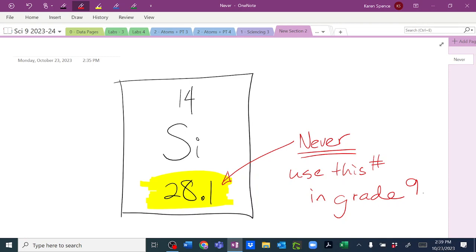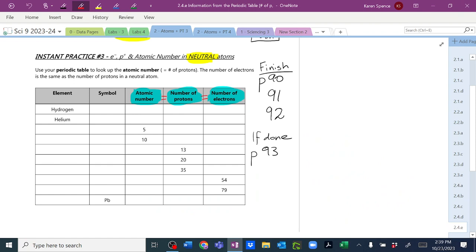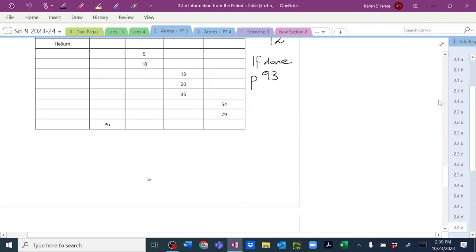What am I doing? I am going here, and I am going here. I didn't write anything.